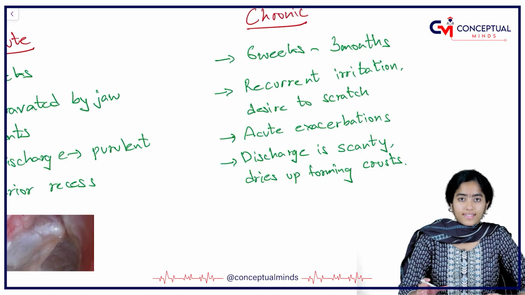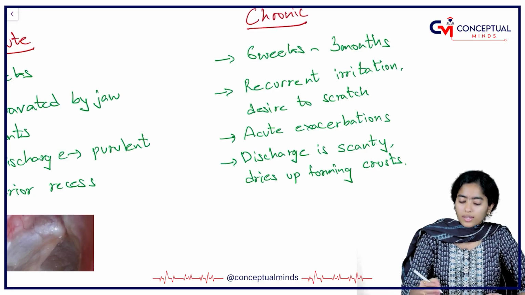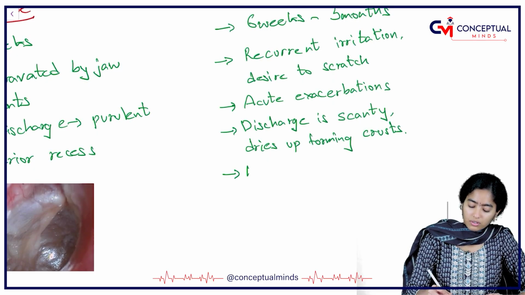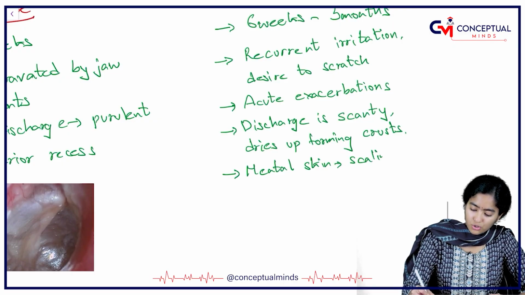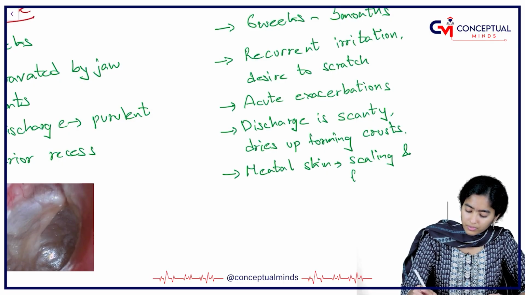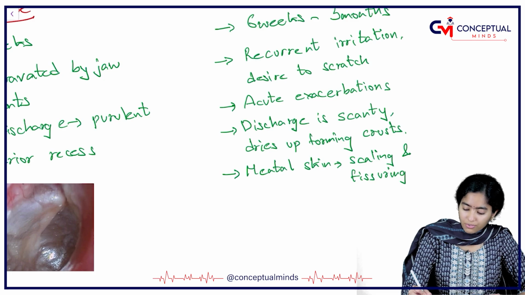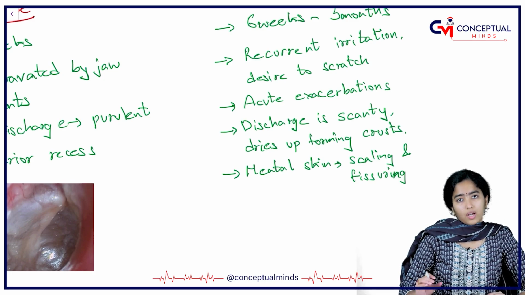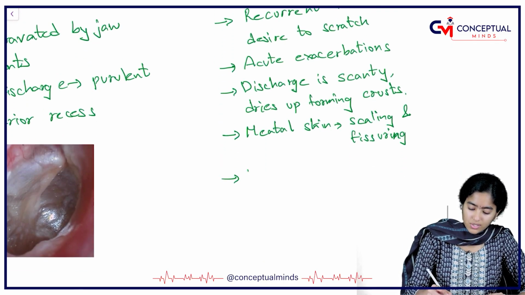And then the meatal skin, because it is constantly edematous and constantly swollen, will also show some fissures and scales. Meatal skin shows scaling and fissuring. And finally, there occurs a stage, very rarely, where the skin becomes permanently hypertrophied and it will lead to meatal stenosis.